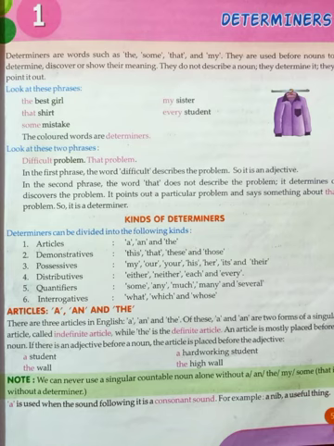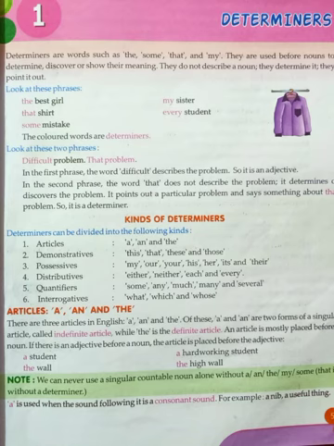Now, usually an article is placed before a noun. But what if before a noun there is an adjective? Then will you use the article or not? For example, if I say a boy, boy is a noun, and I am using the article a.